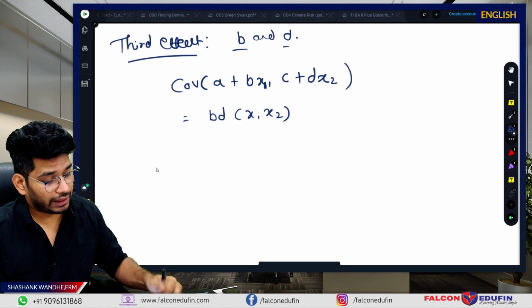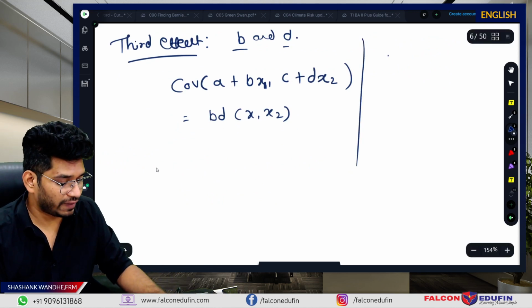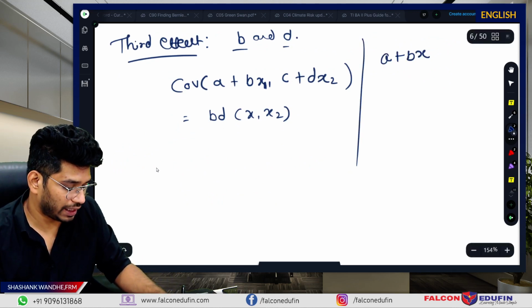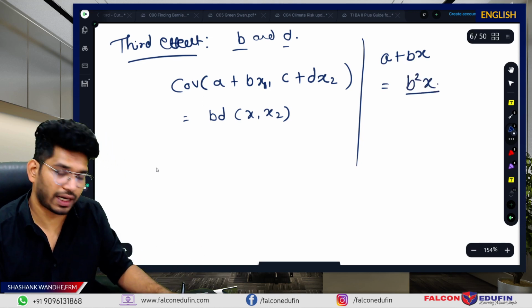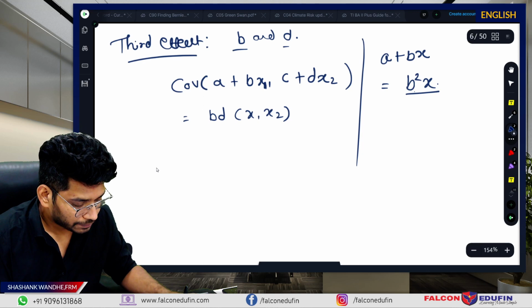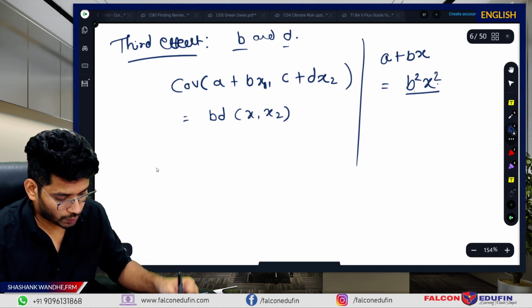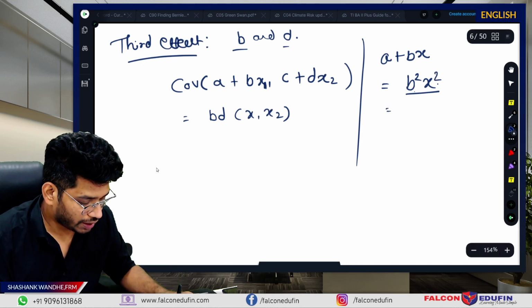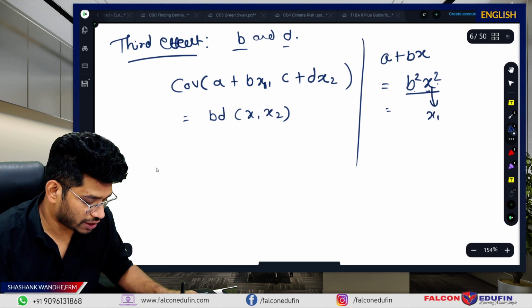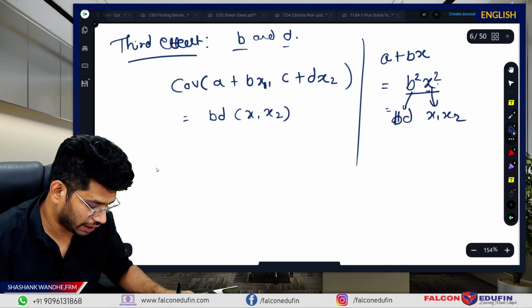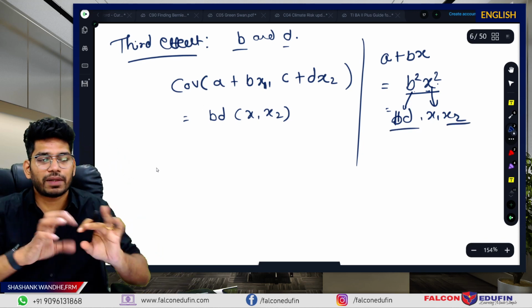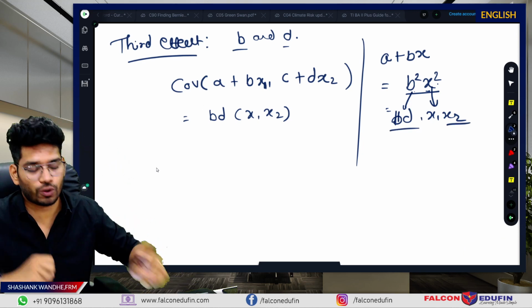Now again, recollect the univariate property: a plus bX, the variance is b square times the variance of X, right? So here this X becomes x1 and x2, and this b square gets split into the two parts, b and d.